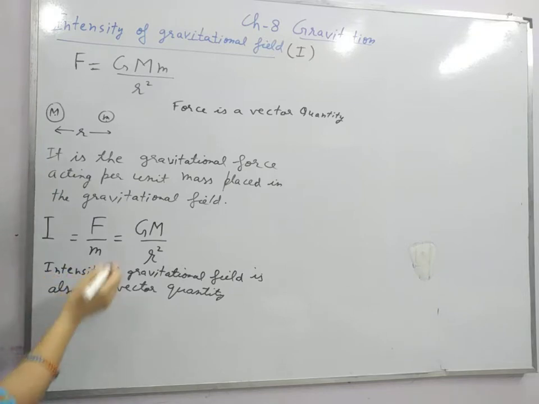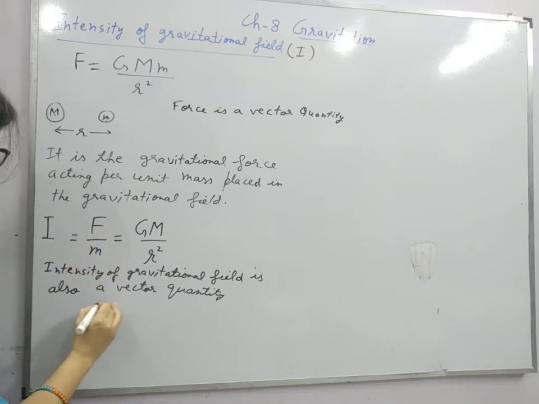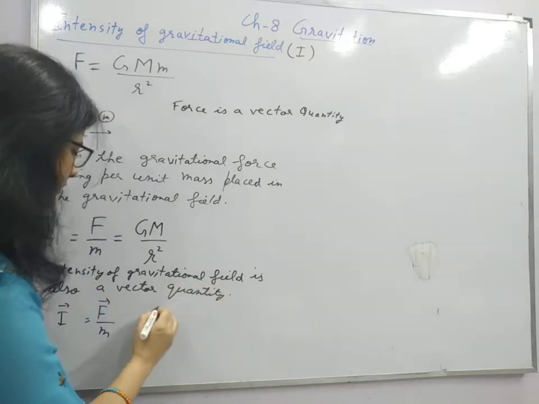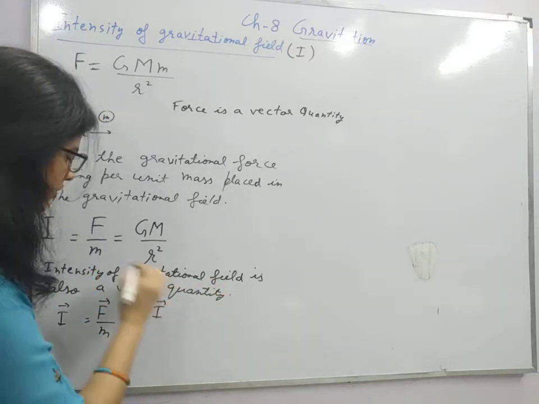If I write the vector form, intensity is equal to force upon mass. So it will have the same direction as that of gravitational force.